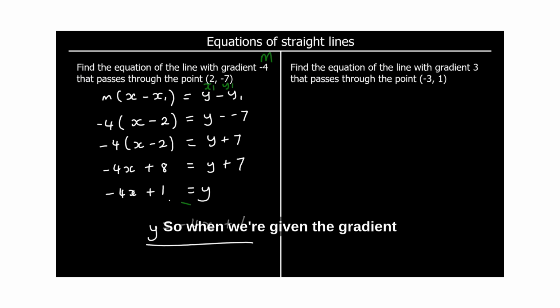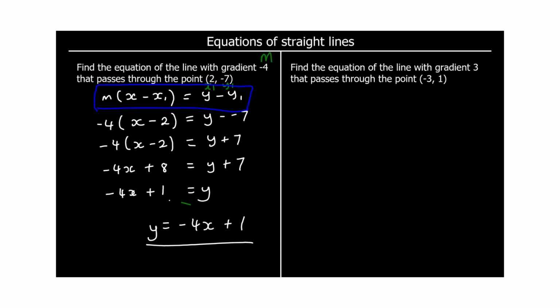So when we're given the gradient and a set of coordinates, we can use m times x minus x1 equals y minus y1. So for this one, we've got the gradient, we've got a set of coordinates, so we can use m times x minus x1 equals y minus y1.